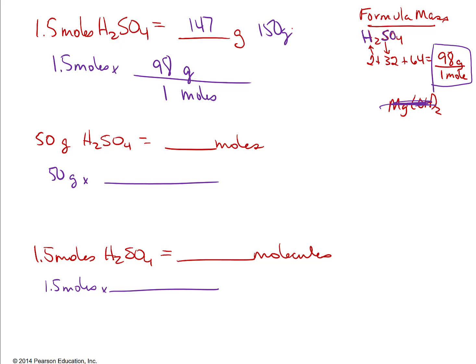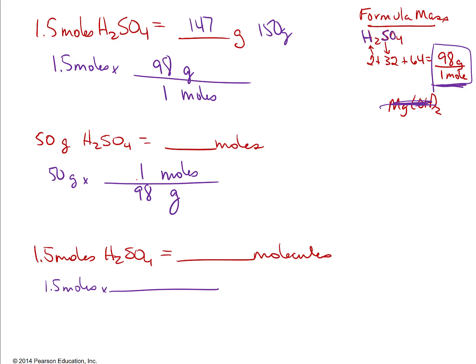50 grams of H2SO4 is how many moles? Again, if you see grams and moles, you just need to know the formula mass. It's the same molecule. So we get what unit on the bottom this time? Grams, moles on the top. Moles gets the 1, grams gets the 98.